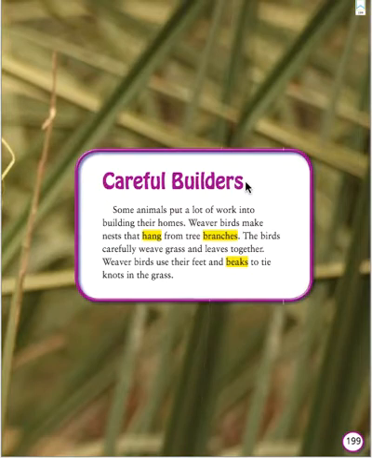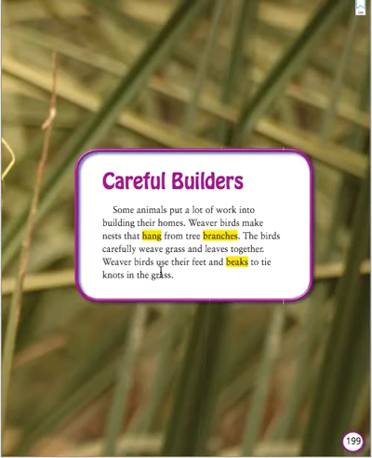Careful builders is our next heading. Some animals put a lot of work into building their homes. Weaver birds make nests that hang from tree branches. The birds carefully weave grass and leaves together.